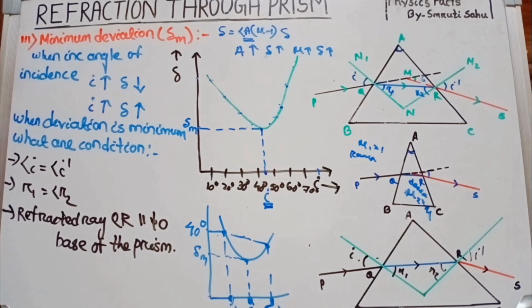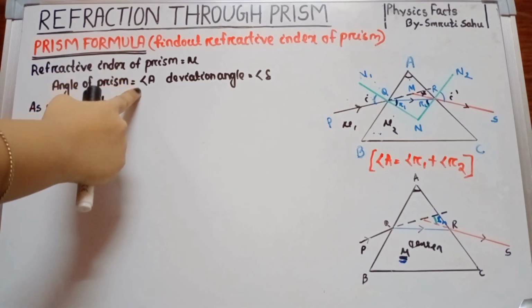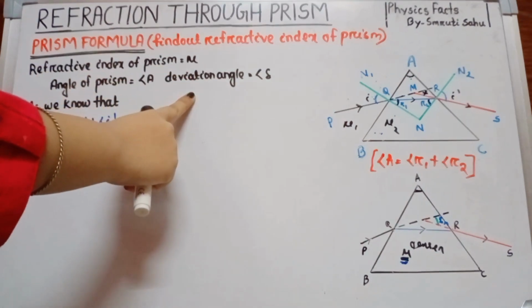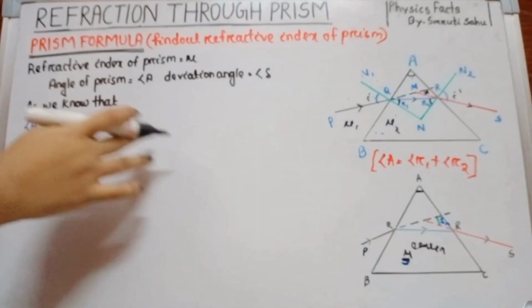Okay. Next, we discuss the prism formula. That means here we relate the refractive index of the prism with the angle of prism and deviation angle. Also, here we determine the refractive index of the prism.